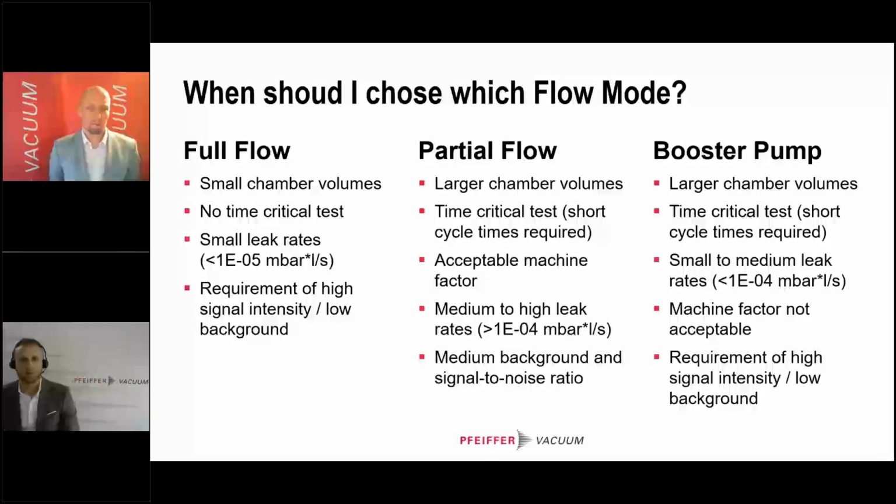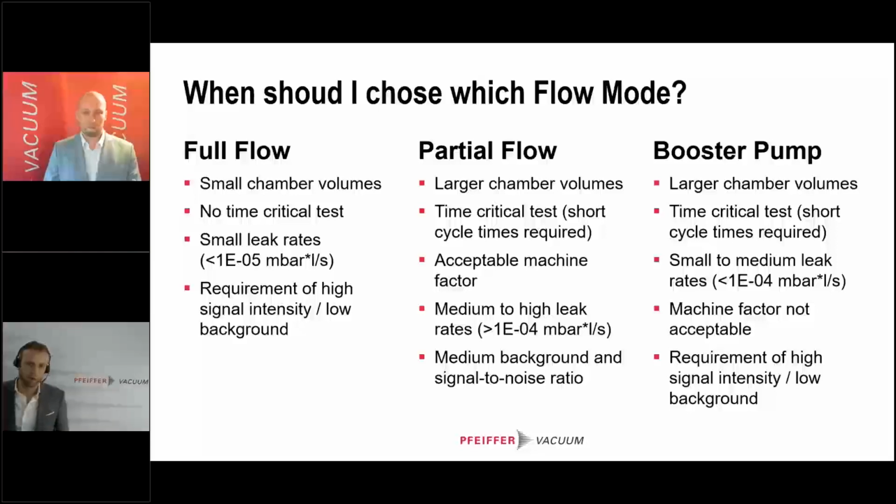And then the last option that we have is the booster pump that you can use for larger chamber volumes and time critical tests. When you imagine that you have the leak detector and the booster pump on the one hand and a separate vacuum pump in a partial flow on the other hand, if you have both of them in relation, you will have a better machine factor than without a booster pump.